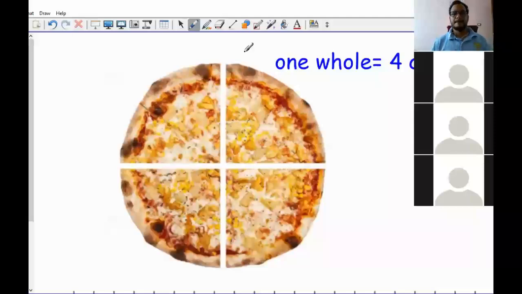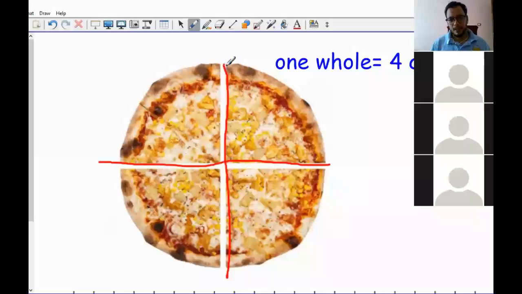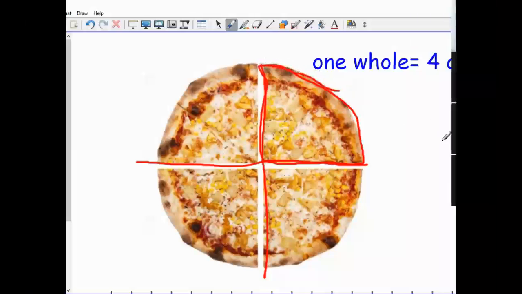Okay, now I have a pizza, and it is divided into 4 equal parts. The colored part in red is called what? Let me listen to Macarius. Macarius, do you hear me?